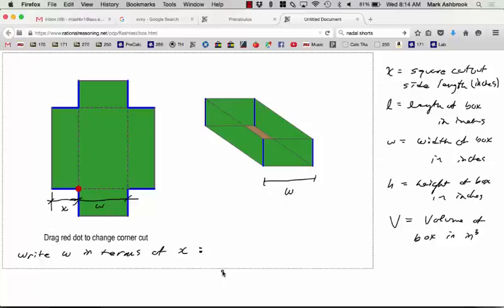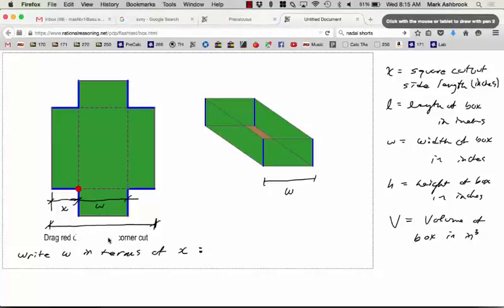Any ideas? How would you write what that width is using X? We use 8.5 for the total width of the paper. Okay, total width of the paper is 8.5, minus 2x. And why are you saying that? Because we cut out two cutouts on each side of the paper. So 8.5 is the total width of the paper, and you want to subtract 2x, like an x over here and an x over here.